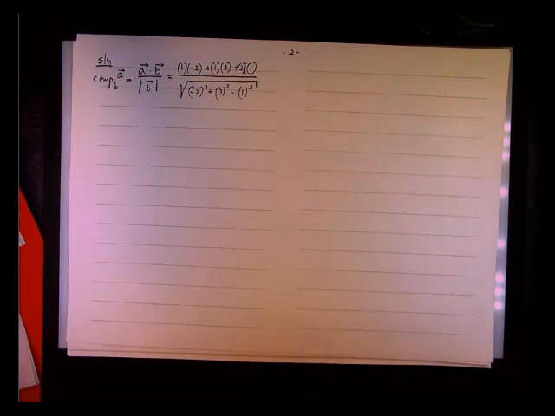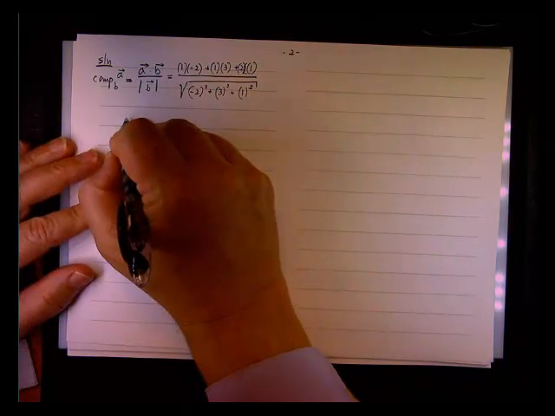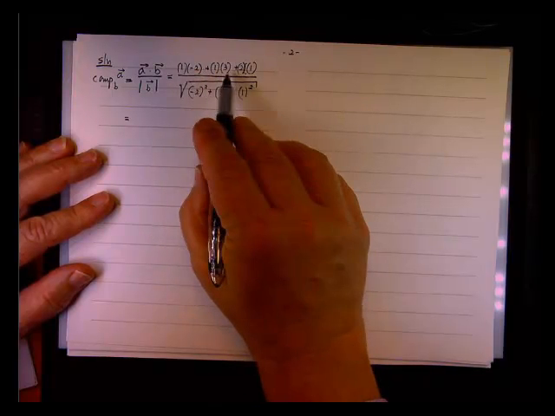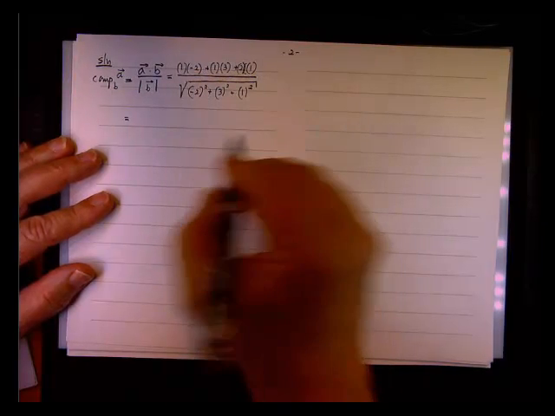And the magnitude will be of B in this case, the square root of negative 2 squared plus 3 squared plus 1 squared, like so.